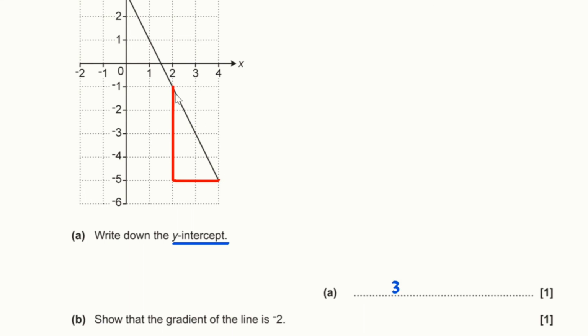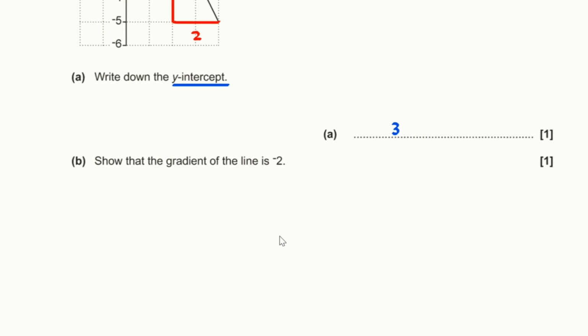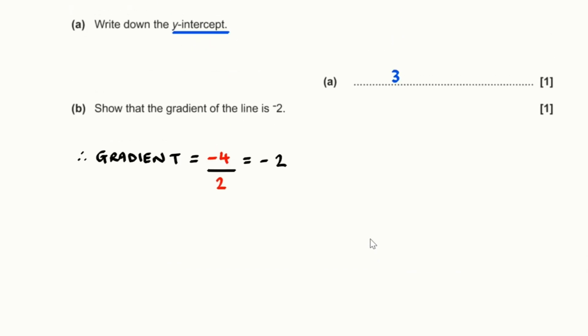So the change in y from -1 to -5 is -4, and the change in x over here is +2. And so therefore, the gradient is equal to -4 divided by 2, which is -2. So that's exactly what we wanted to show.